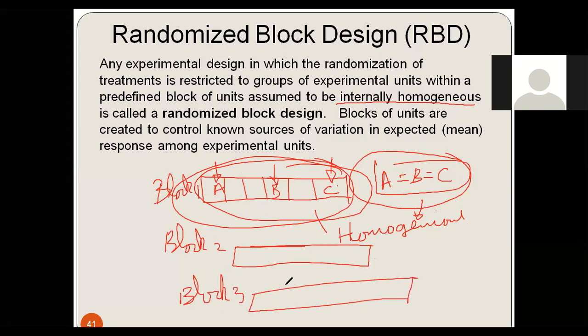We again have 6 treatments allocated in each of these blocks. What we expect here is that all the experimental units are in the same condition, which is called homogeneous.